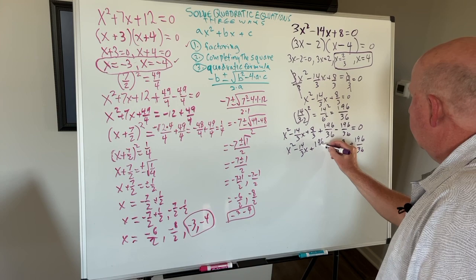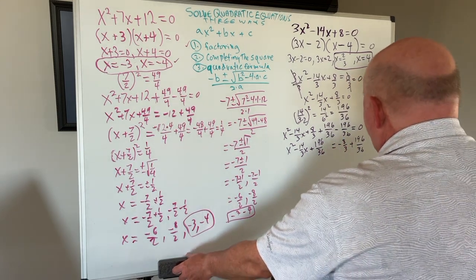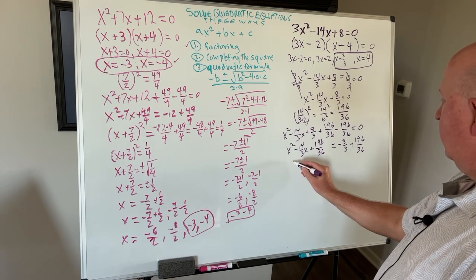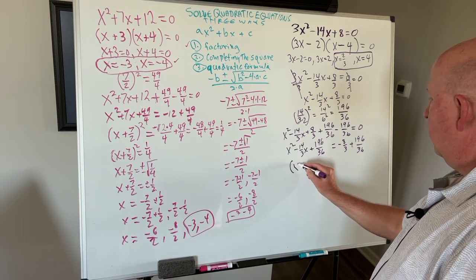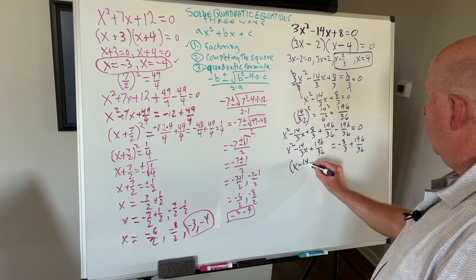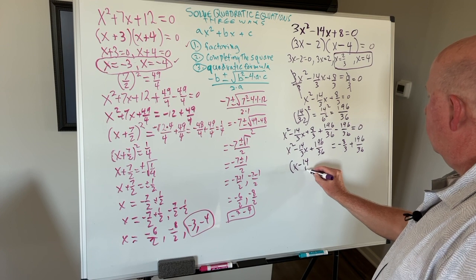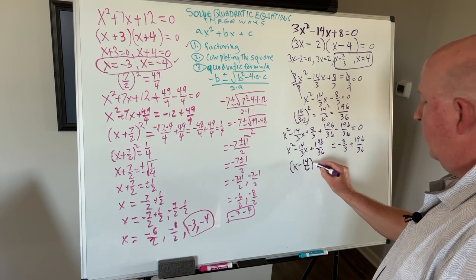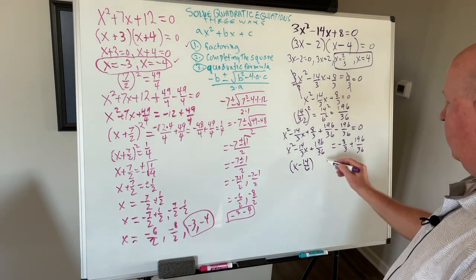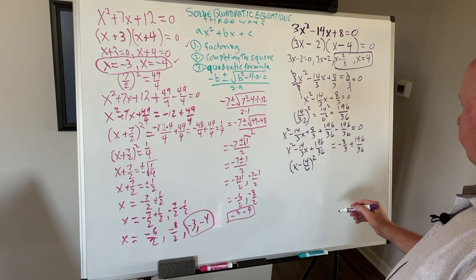It's 196 over 36, because I need to square this. So then I'm going to square this side: x minus 14/6. That's my 14/6, sorry, because I'm going to square it to get this one.